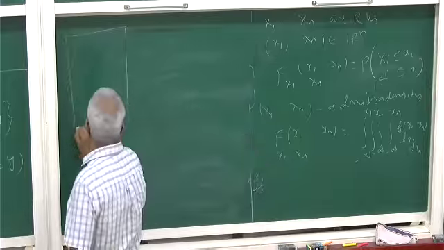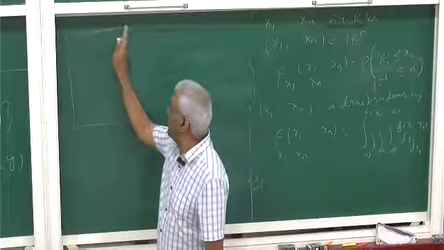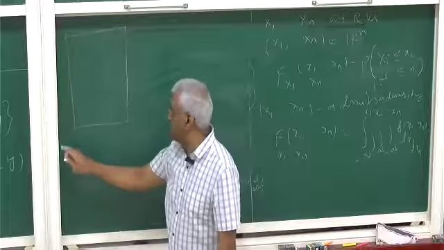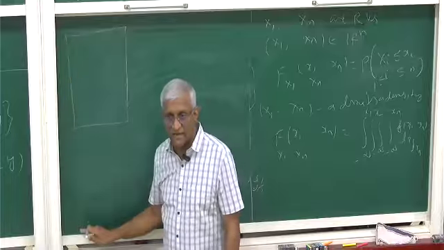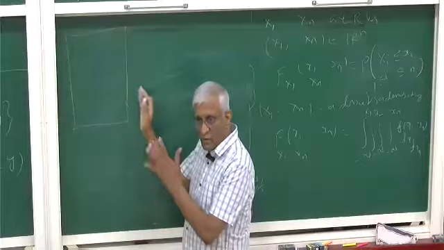Instead, if you take a general rectangle, you do this manipulation. It is going to be the big rectangle minus this rectangle minus this rectangle plus this rectangle. This infinite rectangle goes to infinity.